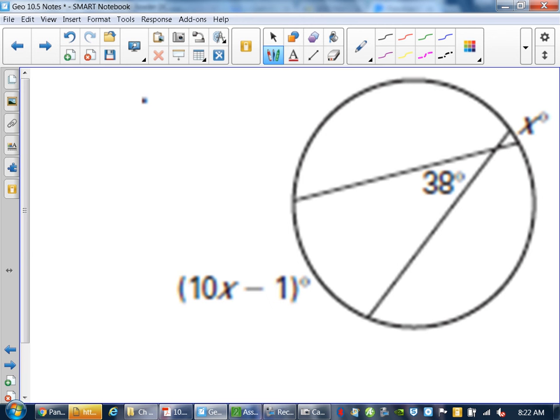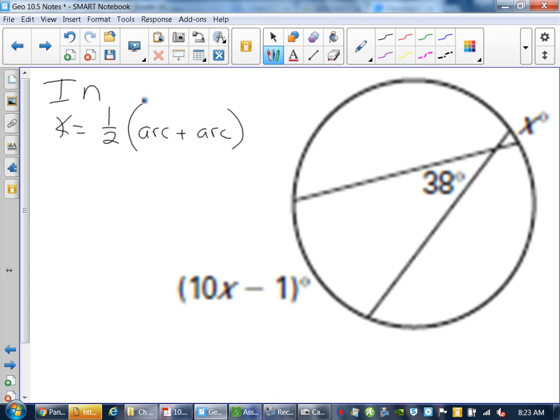So, outside, inside, on. Inside. So, since this is inside, write down how you find the inside. Well, inside means its angle is half arc plus arc. Fill in the blanks. You know one of the 3 in this case.